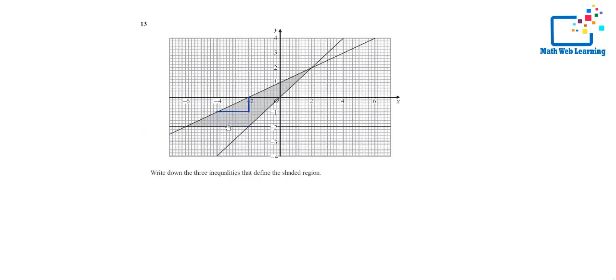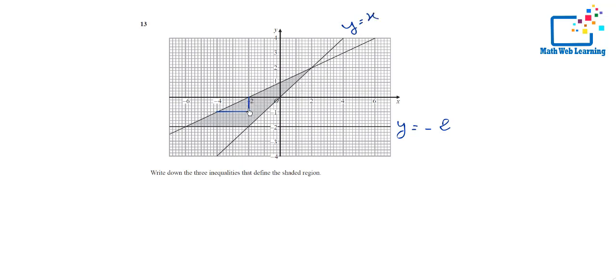Question 13 is a question on regions and inequalities. First thing you need to do is to establish the expressions for the equations. We've got 1, 2, 3. Let's do the easy one, this one here. This is y equals minus 2. Now for the one that goes through the origin, this is simple: y equals x.